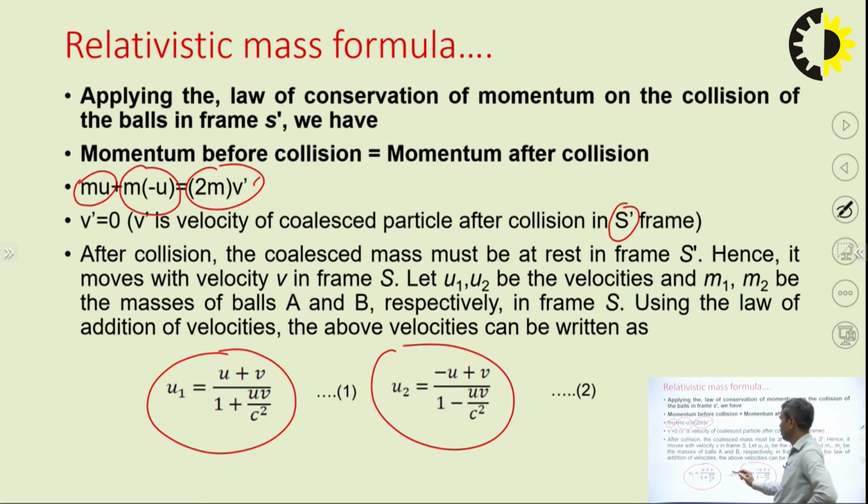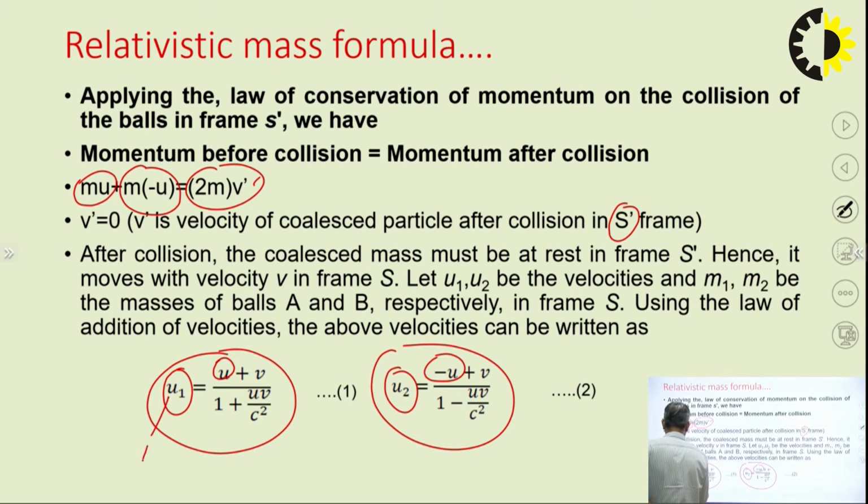So, u1 is related to u and u2 is related to minus u, because u1 is the velocity of object A and u2 is the velocity of object B. So, these are equations 1 and 2.